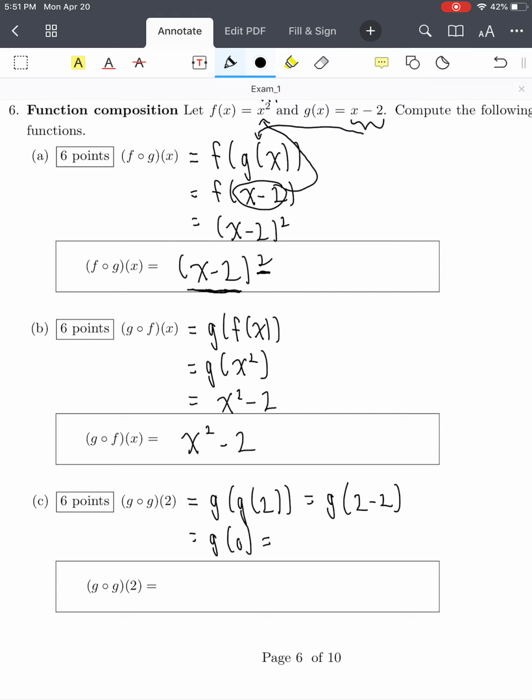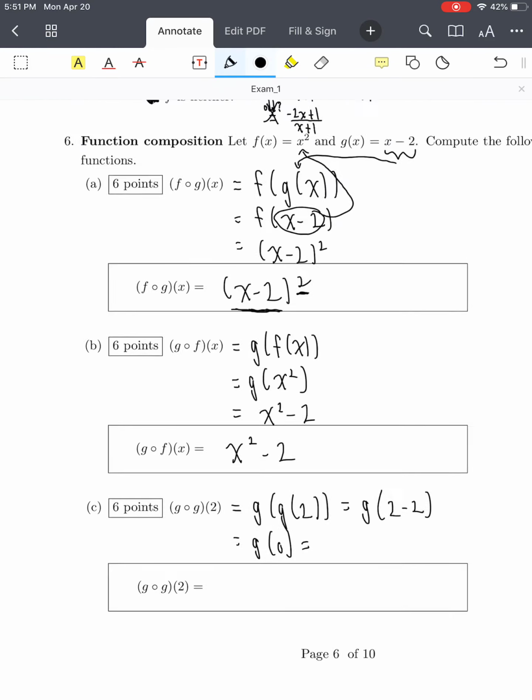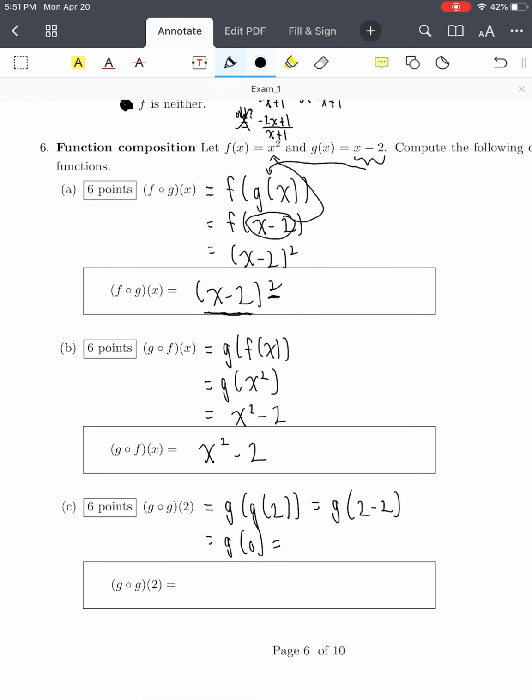And then g of 0 is what happens when you plug in 0 for g of x. So that's 0 minus 2, or negative 2. So this one we're just plugging in 2 to g of x, get 0, plug 0 into g of x, get negative 2.